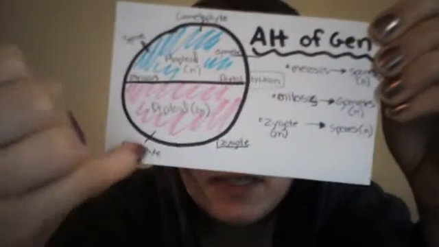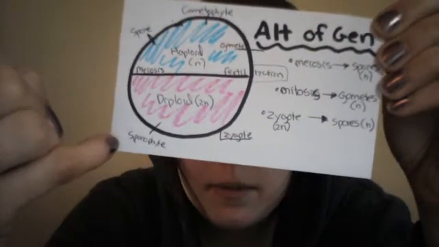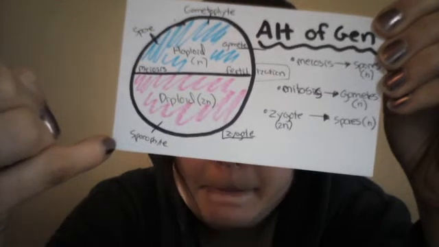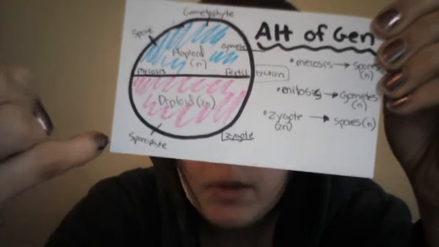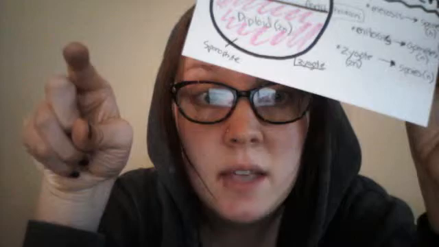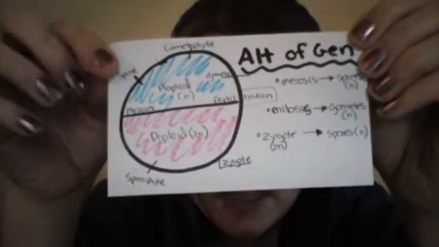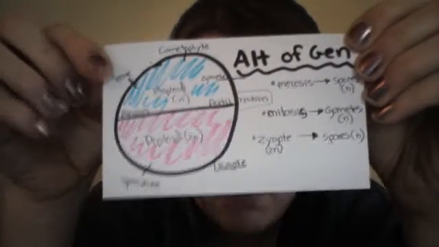The zygote is diploid. The zygote then becomes a sporophyte, which I guess is the same thing as a zygote. The zygote is the sporophyte. It's like a pre-spore. Alright? So in order for the zygote to become a sporophyte, it doesn't tell us how. But for a sporophyte to become a spore, it needs to divide via meiosis.